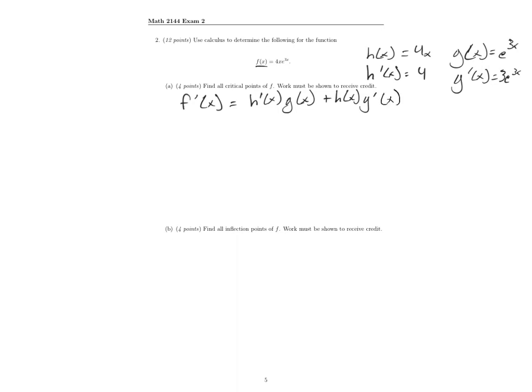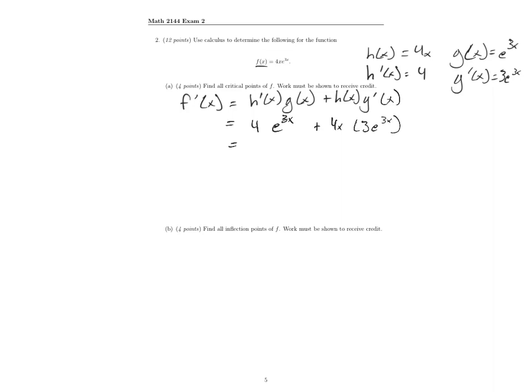So plugging in now, f prime of x is going to equal 4 times g of x, so e to the 3x, plus h of x, which is 4x, times 3e to the 3x.